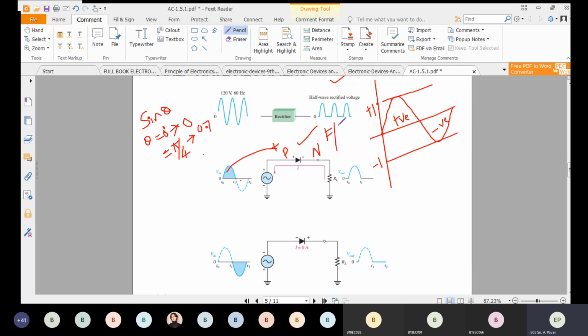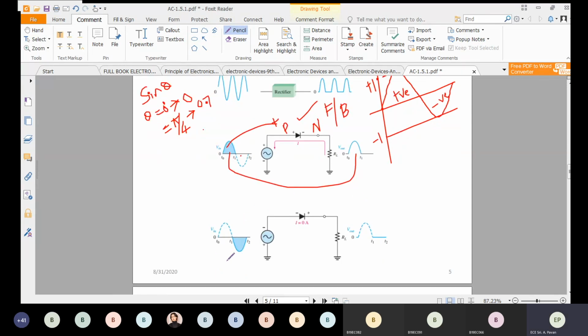FB means it is not Facebook, it is forward bias, a status of a diode. If the diode is in forward bias, the diode allows the current. If the diode allows the current, output will be the same as input, because the diode is allowing the current.